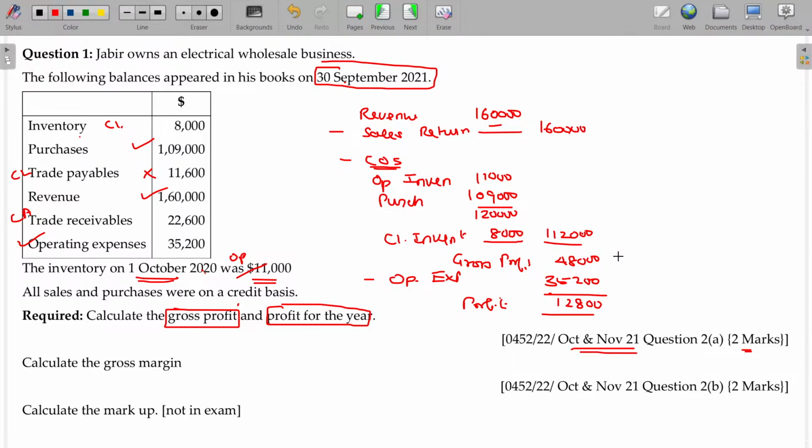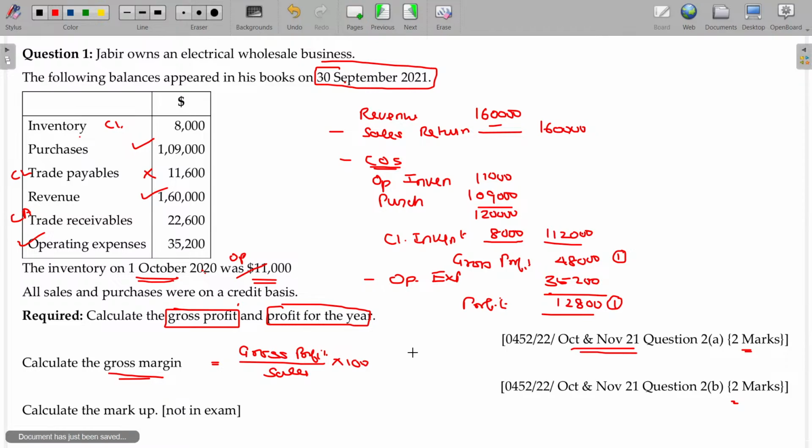The gross profit calculation carries 1 mark, and for the profit you will get the other mark. So 2 marks. This is how the marks will also be awarded in your answer script. Now calculate gross margin, for 2 marks. For the calculation of gross margin, you have to find out the gross profit first. Gross profit by sales into 100.